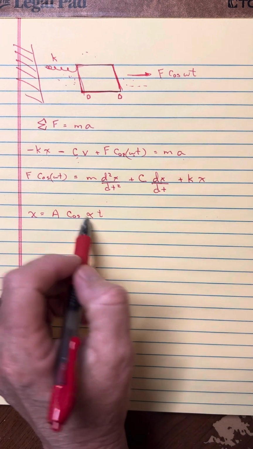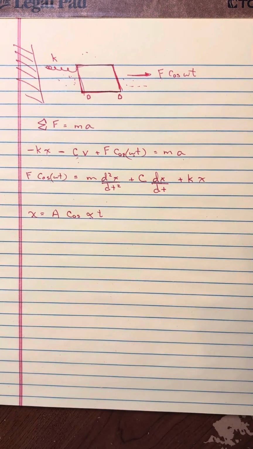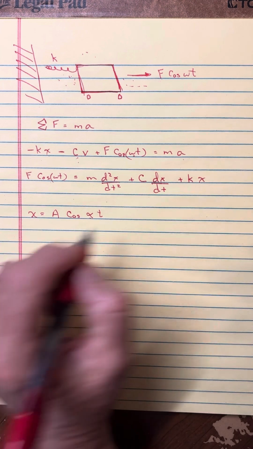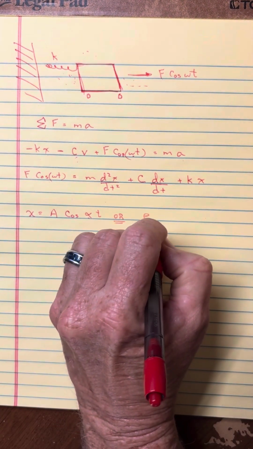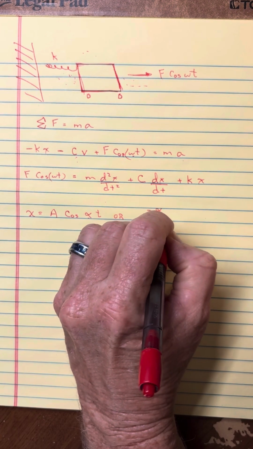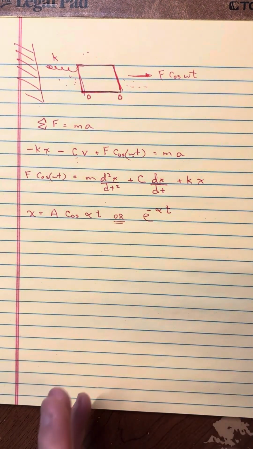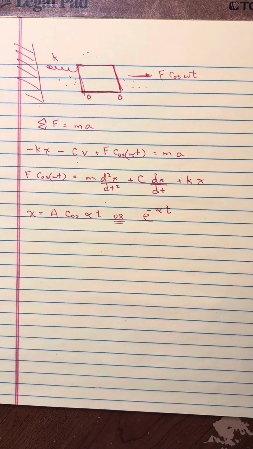I'll just say alpha, maybe not even assuming it's the same as the driving frequency. Or perhaps it has some kind of decaying exponential with it too.